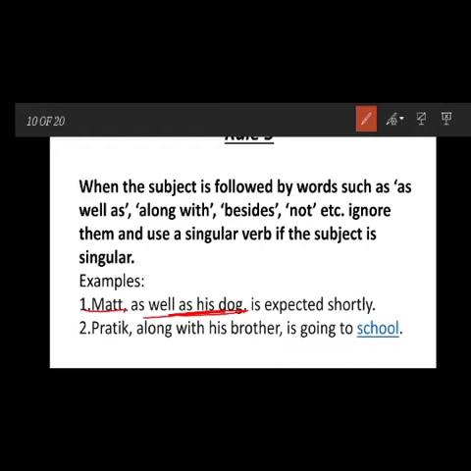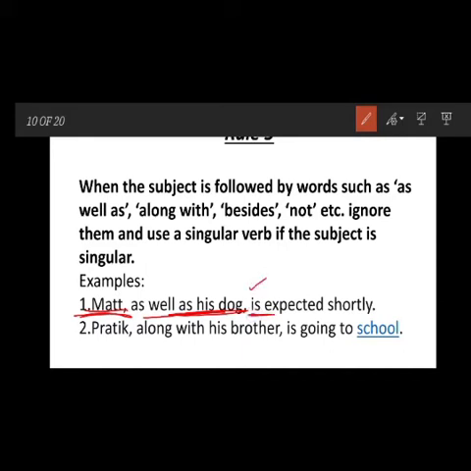Here your subject is Matt. Someone else is coming with Matt, but we say Matt is coming. The focus is on Matt, so you have to focus on the subject, Matt. Matt is singular, so you use "is" as a singular verb.